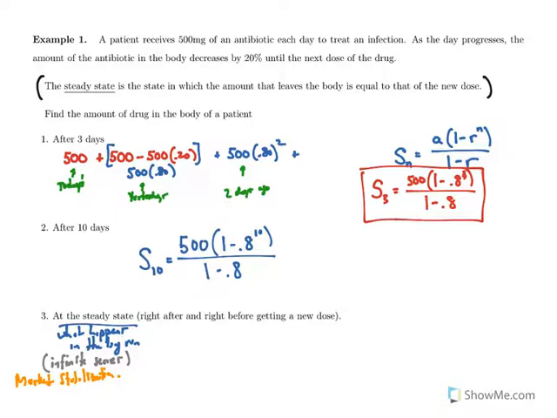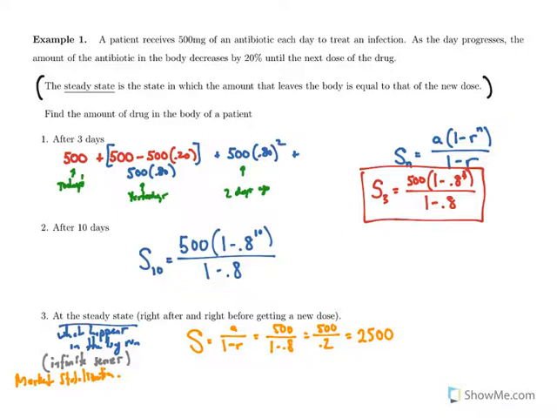If we think about the infinite sum, we have a over 1 minus r, 500 over 1 minus 0.8, or 500 over 0.2. It's equal to 2,500.